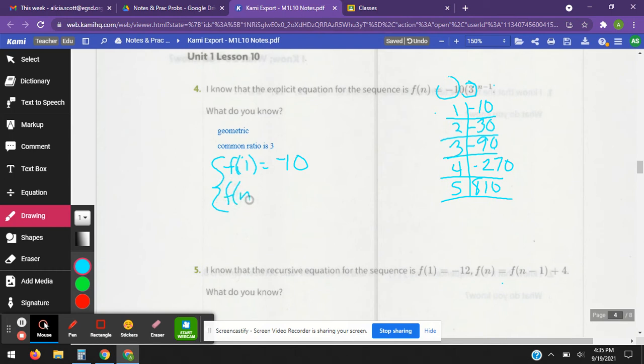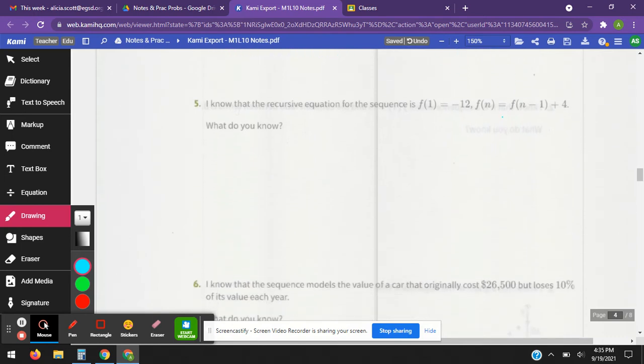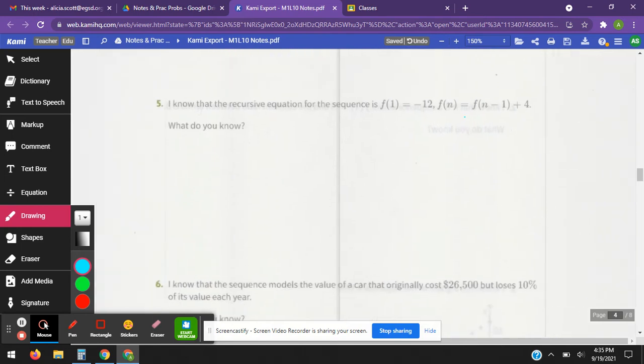And then f of n equals f of n minus 1 times 3, over and over. So there are 1, 2, 3, 4 different things expressing it. Basically just missing the graph. And I said I'm going to avoid those since it's not easy to do on the computers.